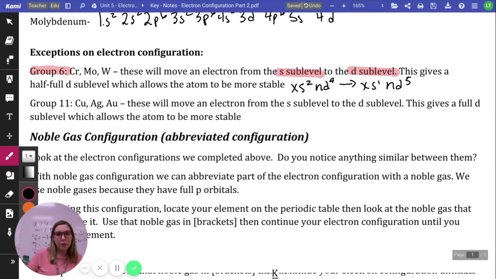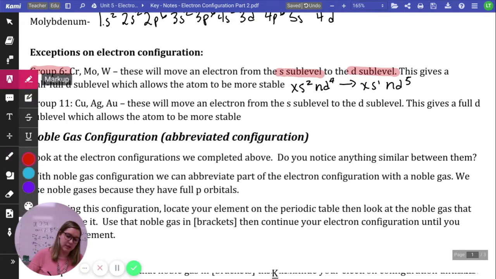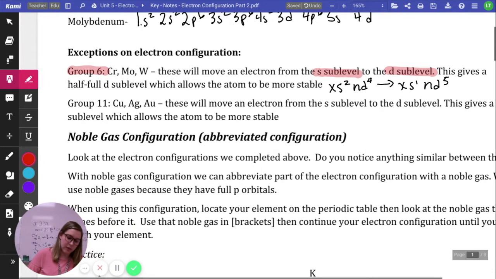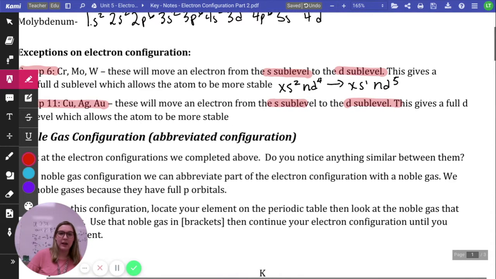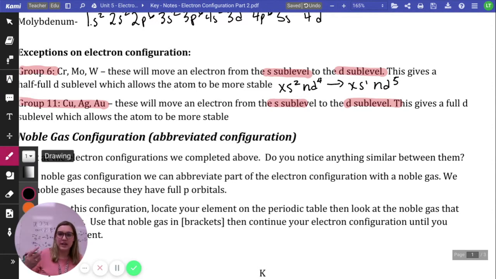Okay, group 11, which is copper, gold, and silver, is going to be pretty much exactly the same. It's going to move an electron from the S to the D sublevel, and it's going to give it a full D sublevel, which makes it much more stable.